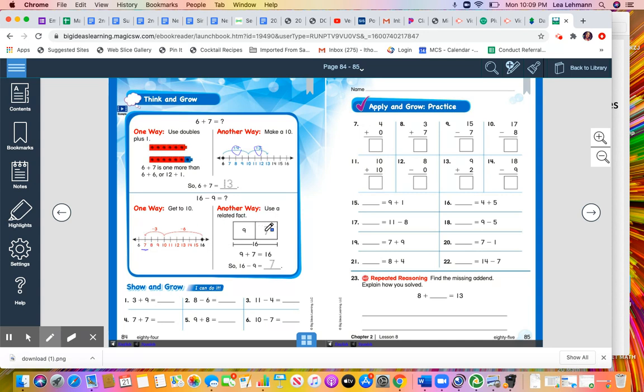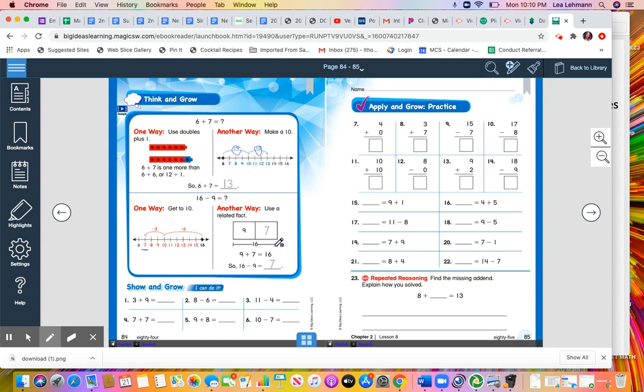Another way is part, part, whole. So let's see, they have 16. That's my biggest number, right? Because 9 is less. And then it's a subtraction problem. So you know that that question mark is going to be less. So this whole has to be 16. And you know that there's 9. But what's that other part of it?